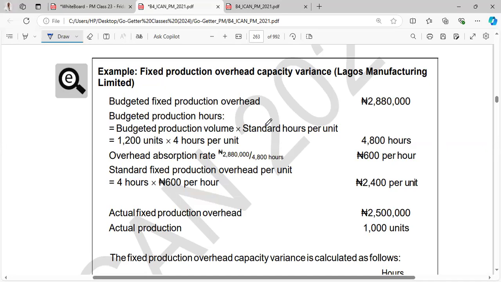It's different from the standard units. Standard units, you take from actual production. So the difference now is that if I were to look at the Zoom example I used, I budgeted that 100 people will come to the class. And that is what I use in calculating the budgeted overhead absorption rate.